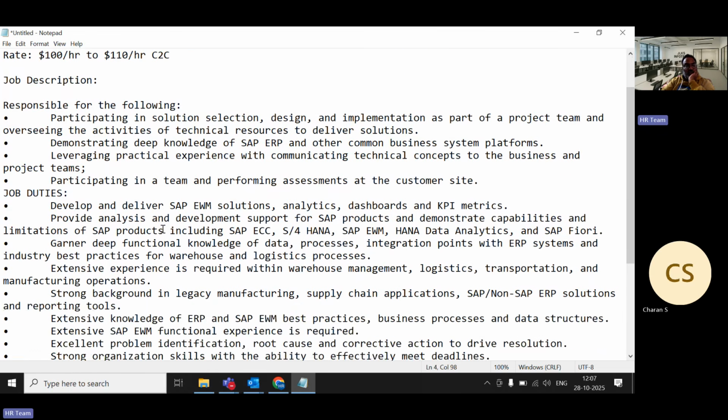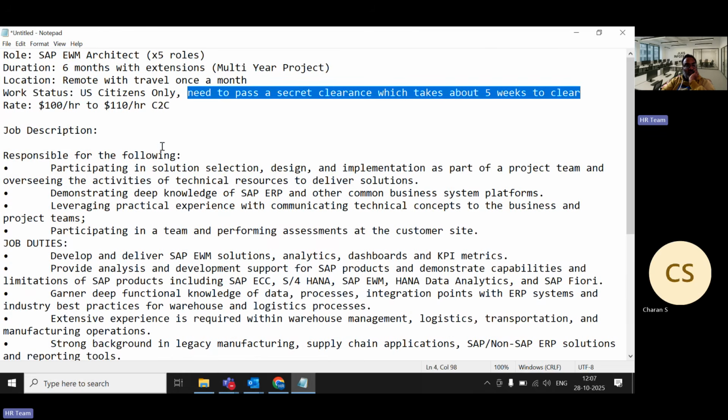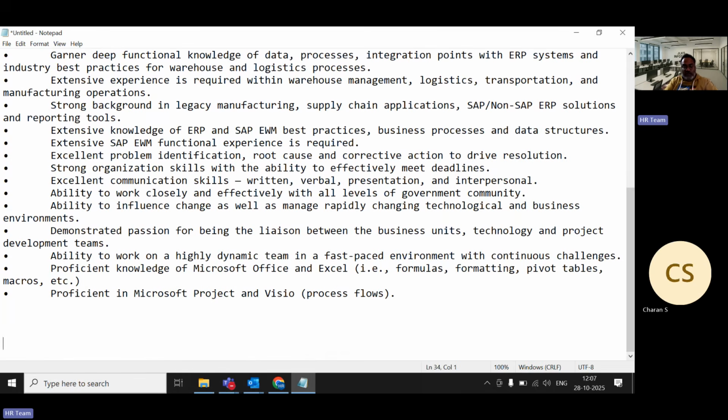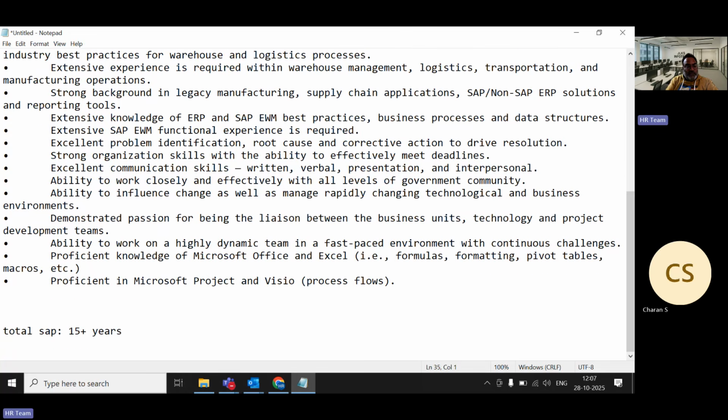If you feel that you have that experience, so what I would say is a decent experience of total SAP, okay, 15 plus years, a decent SAP EWM architect experience, 3+ years, okay.